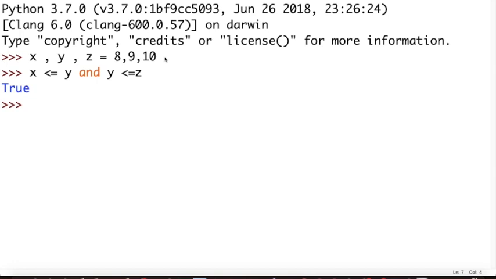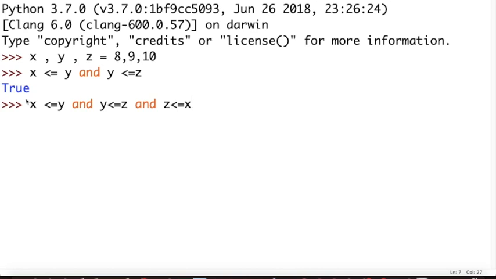Now let us make a small change in the above expression and see what difference it makes to the outcome. So we have the expressions x less than equal to y and y less than equal to z, and apart from the above two, we have added one more relational expression, z less than equal to x.